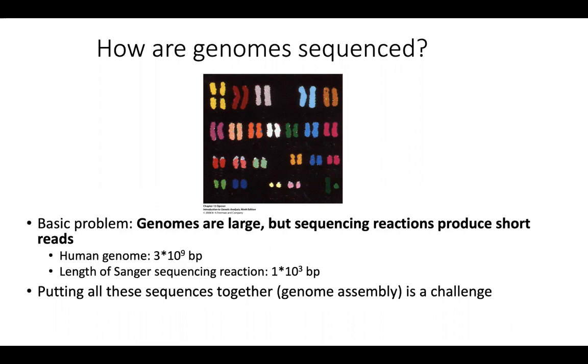For instance, the human genome is around 3 billion base pairs long, a little bit longer, but the length of a good Sanger sequencing reaction is actually only about 1,000 base pairs. And putting all these sequences together to match the length of a human genome, or the genomes of other organisms, which can be equally large or even larger, is very challenging.